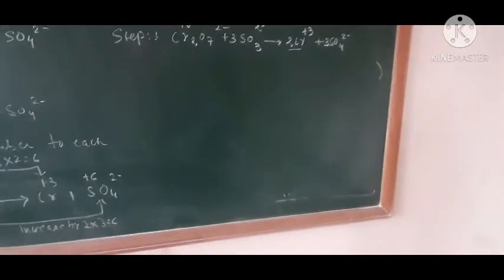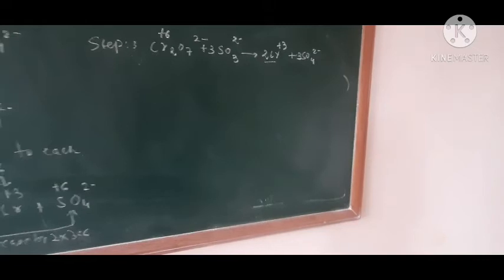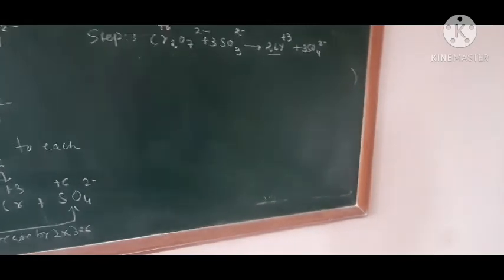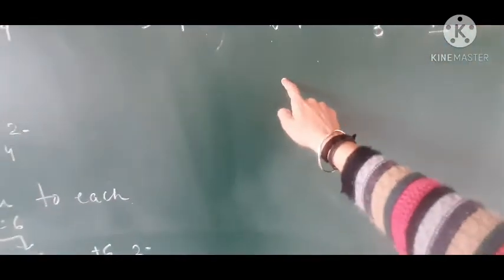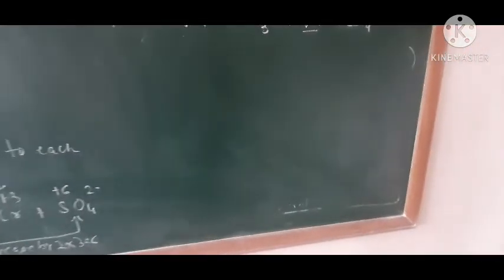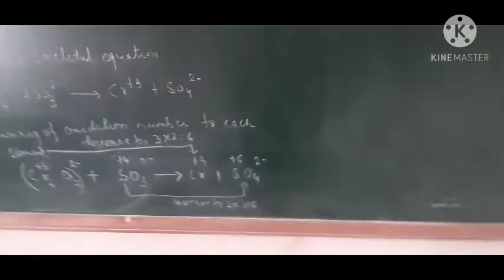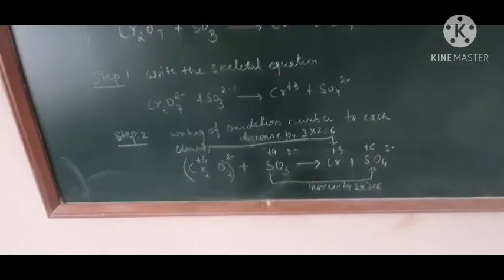So what is the oxidation number over here? 6 plus 4 3s are 12, 18, and over here also we have 6 plus 6 3s are 18. So here the oxidation number is balanced, equalizing the oxidation number.